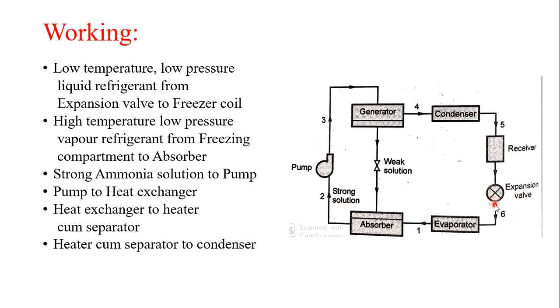Finally, the liquid ammonia at low pressure and low temperature is ready to pass on to the evaporator coil to produce cooling effect in the evaporator or freezing compartment chamber. This process continues and therefore it maintains the low temperature in the evaporator compared to the surrounding temperature. This completes the working of vapor absorption refrigeration system.